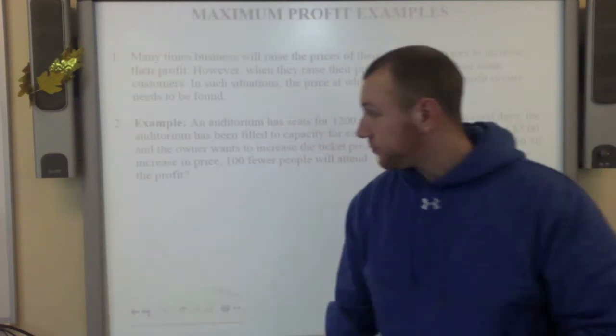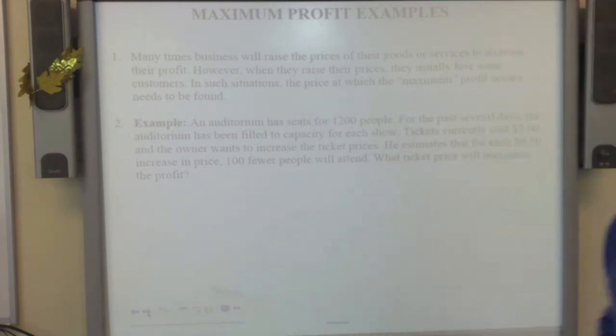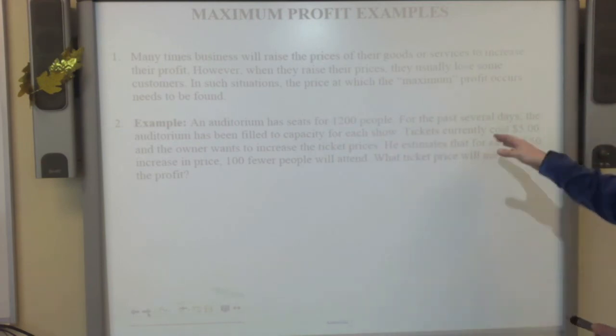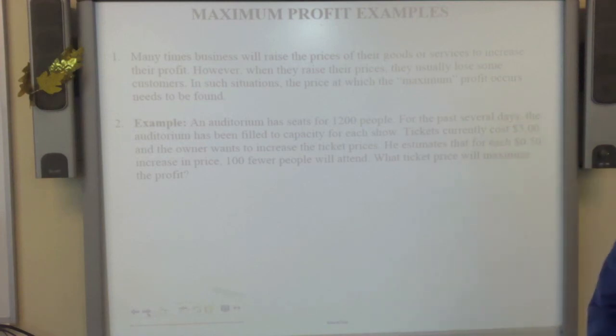And then we go on to the business side of things, where you're always trying to maximize profit. Here in this case, we got an auditorium. It's going to seat 1,200 people, and they charge $5. But we want to make sure that we're maximizing it.